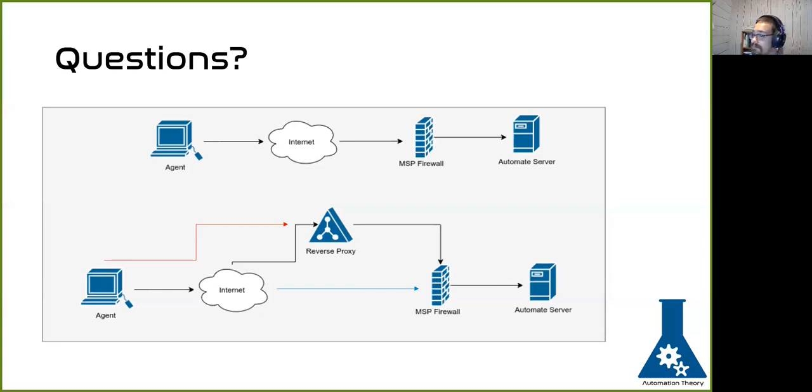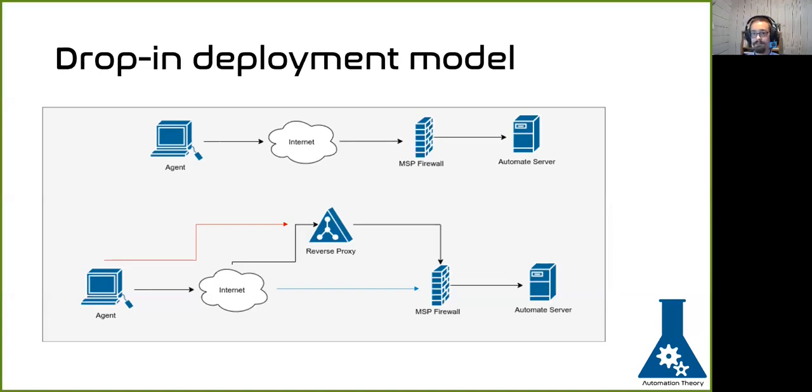We have a question about pricing. And my deployment model slide is actually flipped around here. So as far as pricing goes, we sell the proxy at a flat rate per instance. So it's $150 a month per instance.